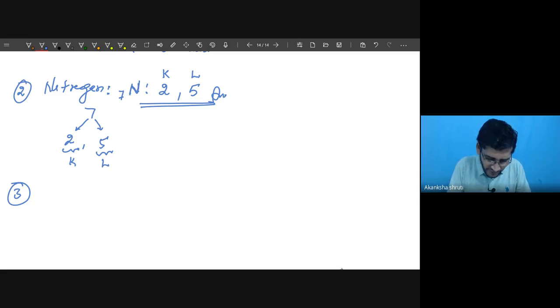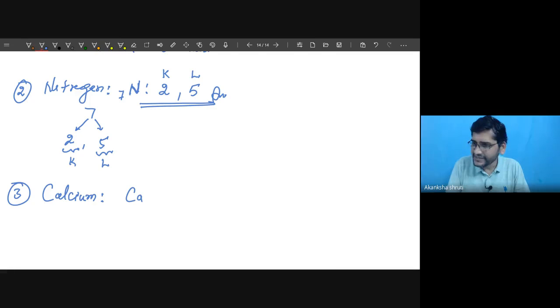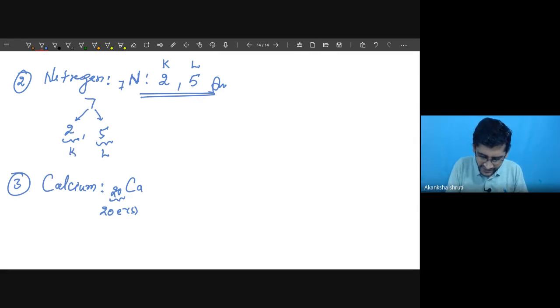Students, let us go for calcium. Calcium is denoted as Ca. What is the atomic number, student? 20. This 20 means it contains 20 electrons. It's a simple thing. Now these 20 electrons have to be distributed. How can I distribute?